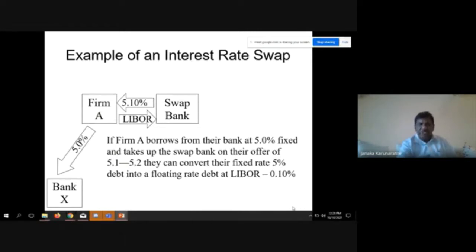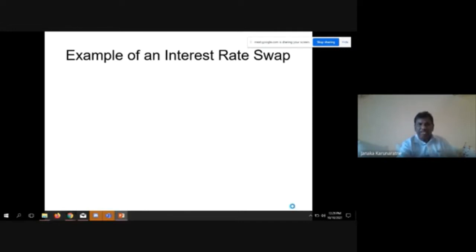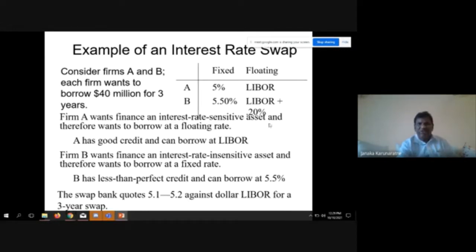If I didn't enter a swap, how much would I have to pay? LIBOR plus 0.2. So I save 0.1% of 40 million, that is 40,000.